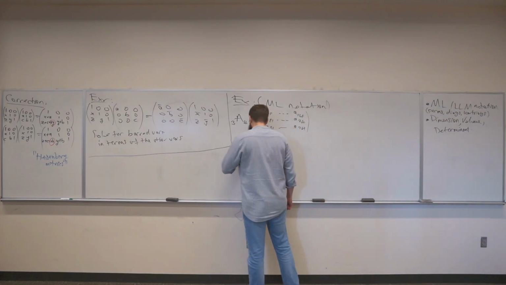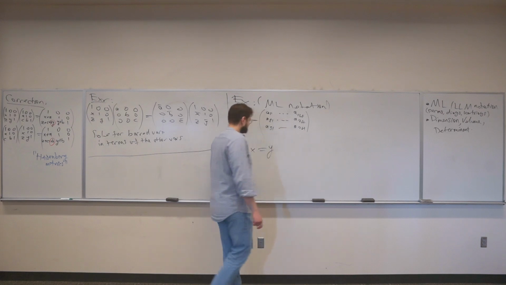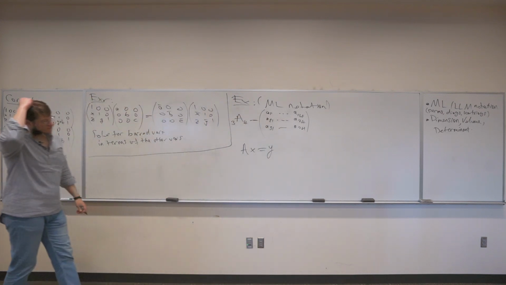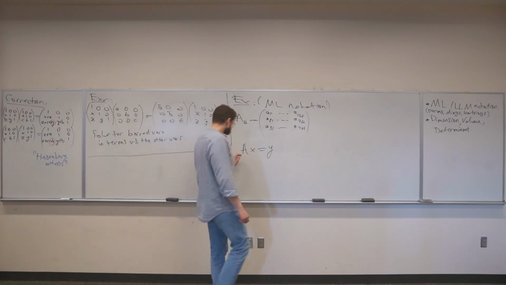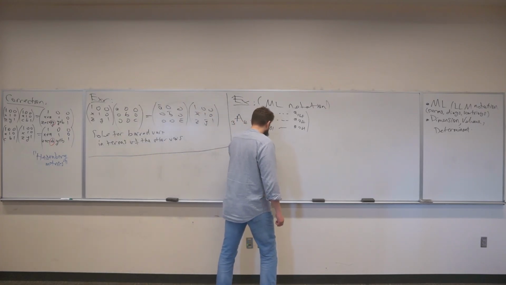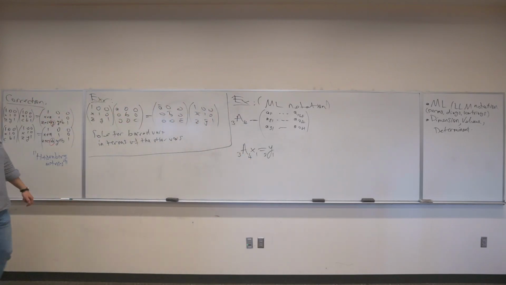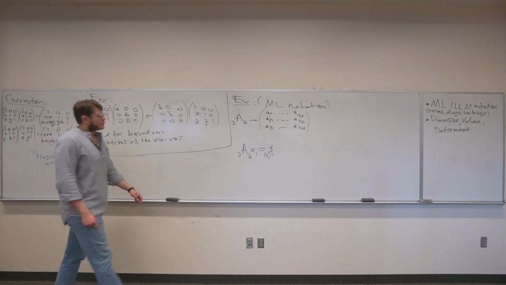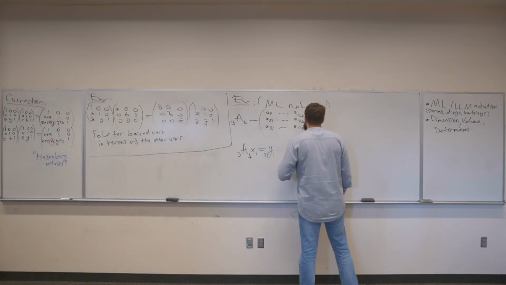In machine learning, an equation like this is described in terms of certain channels. Okay? As usual, I'm thinking of A to be a linear transformation from 4 dimensions to 3 dimensions, which means X is a vector that has 4 components, Y is a vector that has 3 components.